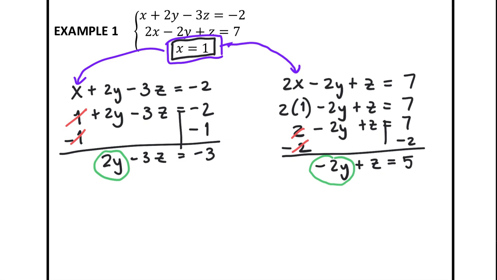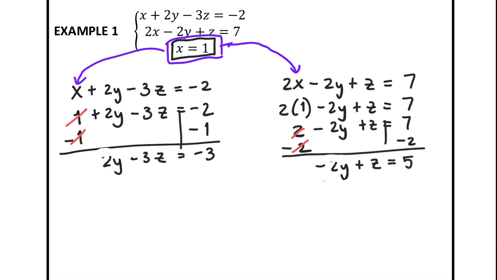So I'm going to take this equation on the right and put it under the one on the left. So I'm going to copy this equation. Let me erase this green part first, just so it's not throwing anybody off.